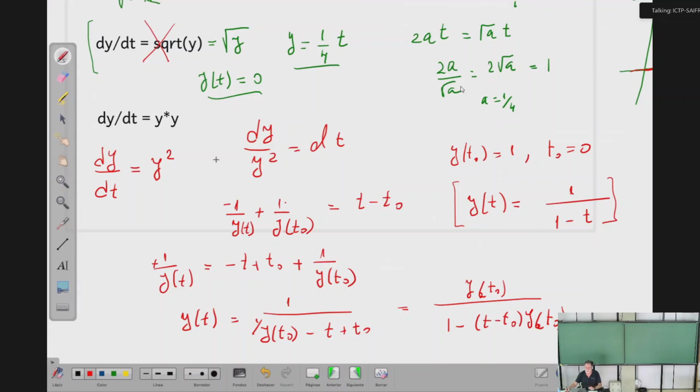Okay, because here this f is defined for all y's, no problem. So the only way the solution can stop existing is because at finite time we go to infinity. And this is what is going on here. So we have the examples.